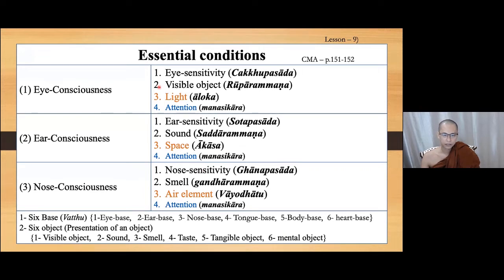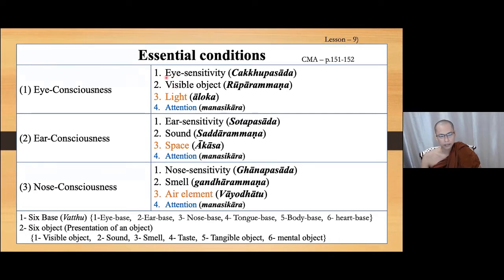Then the eye consciousness arises in our internal material process. Continuously it is arising, mostly in our mind if we open our eye. And if there is no visible object, the eye consciousness cannot arise.